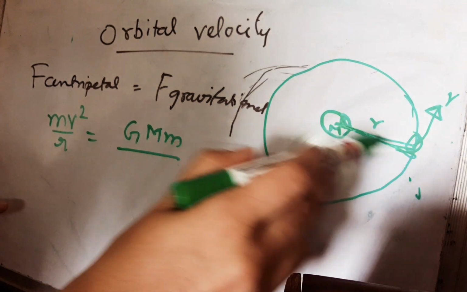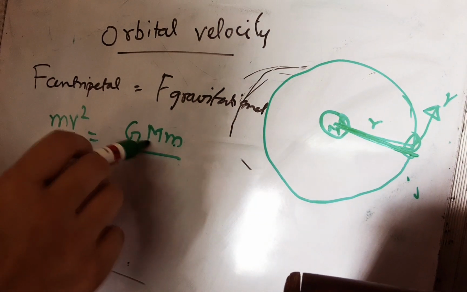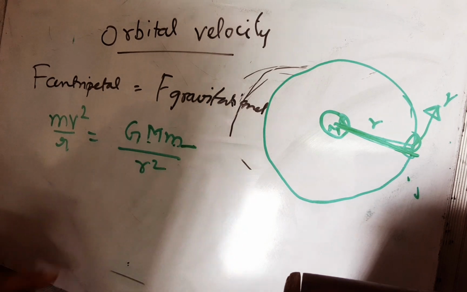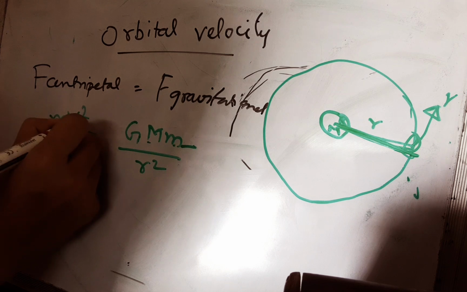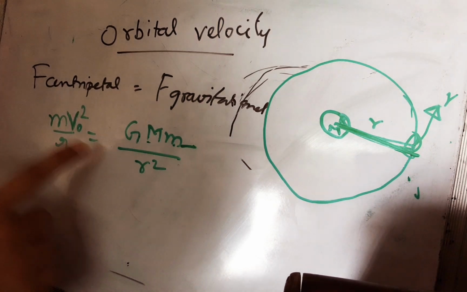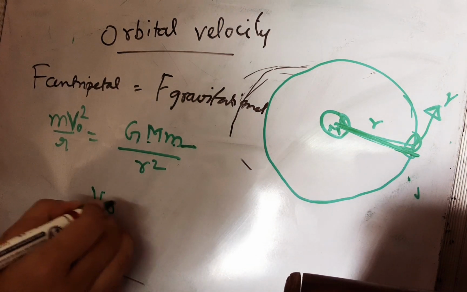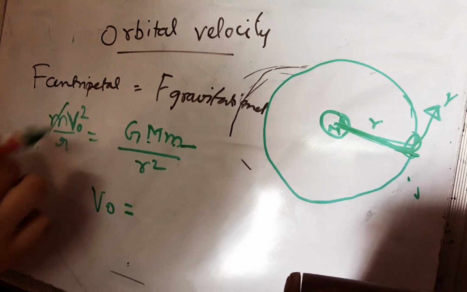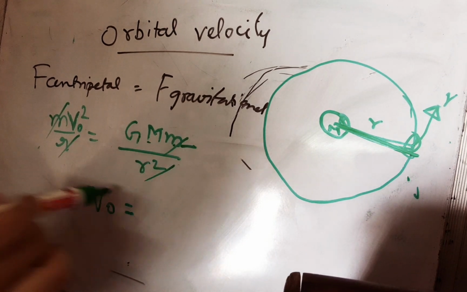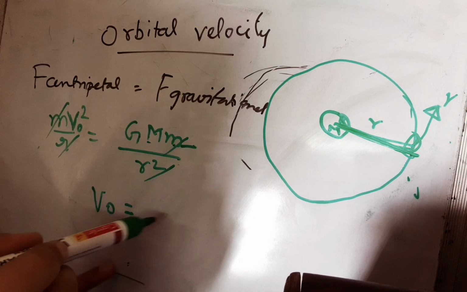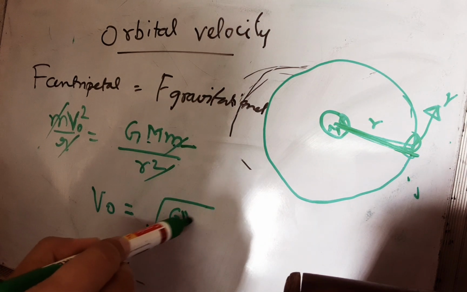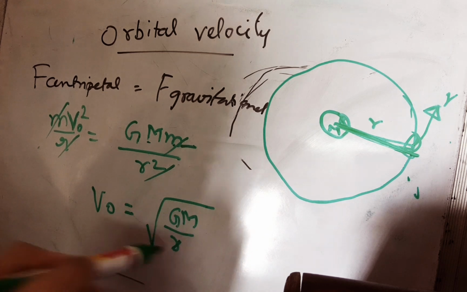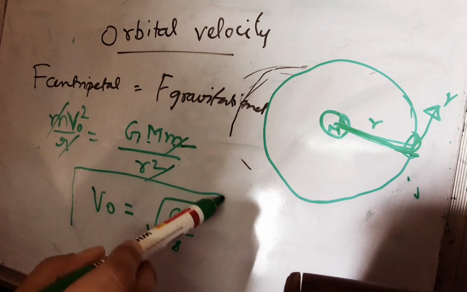This is the distance between two masses, product of two masses divided by the square of the distance between them. So from here, I am writing for clarification, orbital velocity as Vo. So Vo is equal to, small m gets cancelled, one r gets cancelled, under root of GM upon r. Okay, so this is your orbital velocity.